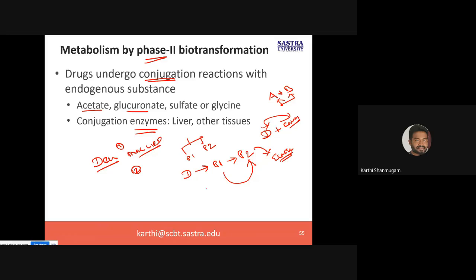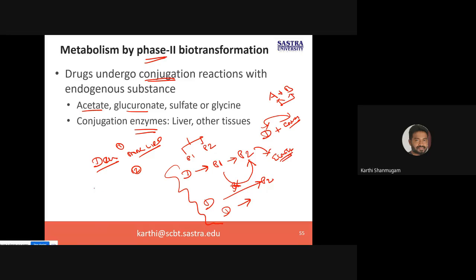There are certain drug molecules which can directly enter phase 2 without going through phase 1. That is also possible. There are also certain drug molecules which can be directly excreted, even without undergoing the metabolism process. All three scenarios are possible for drug elimination or excretion.